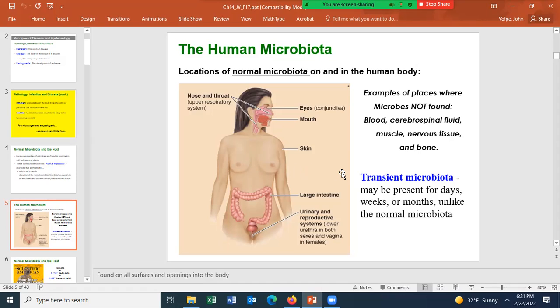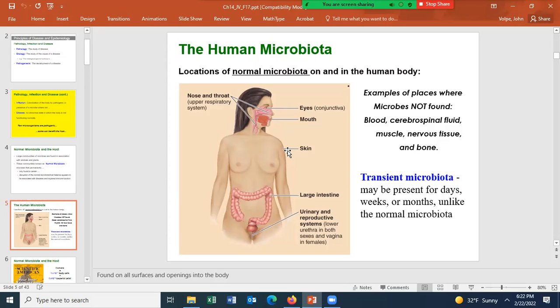A transient microbiota is similar to the normal microbiota, but the transient microbiota may be present for days, weeks, or months, where an organism colonizes a patient or a host. But unlike the normal microbiota, the organism goes away. It's transient. For example, I think I may have mentioned this before.